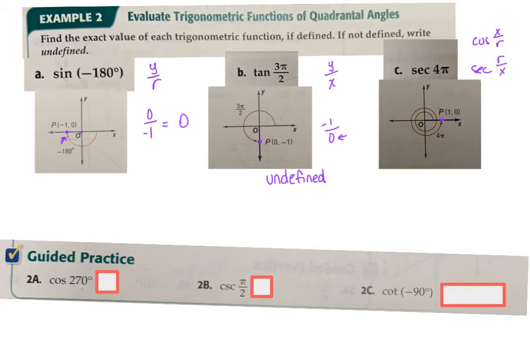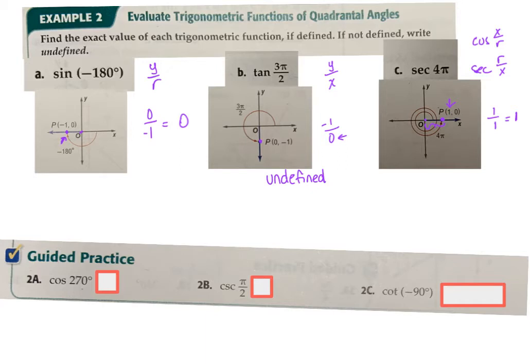What's my radius here? The distance from 0. My x value is 1, and my radius is 1. So my secant here is 1.